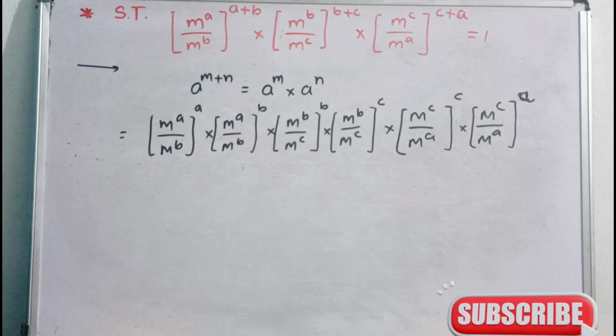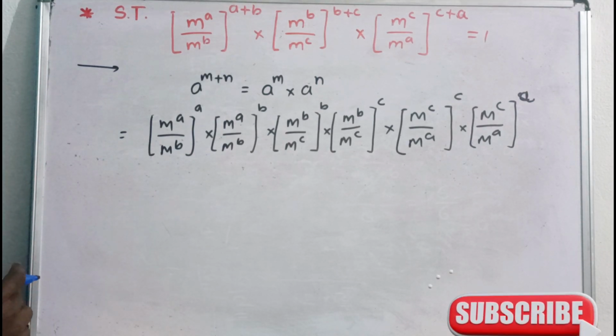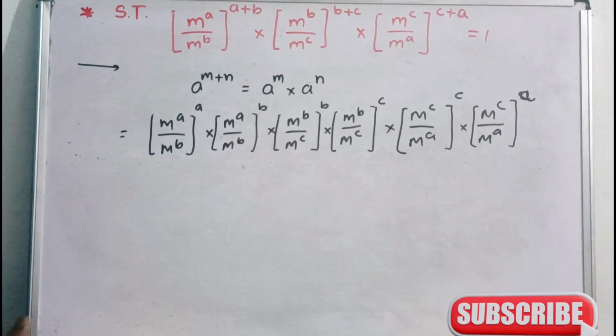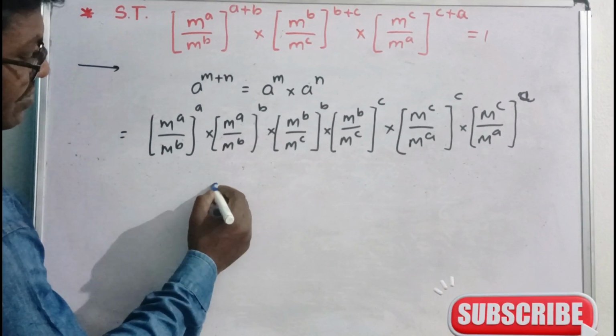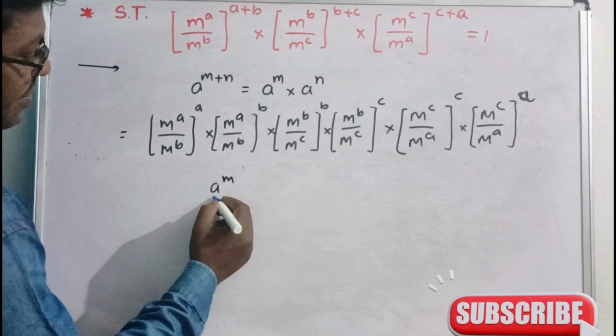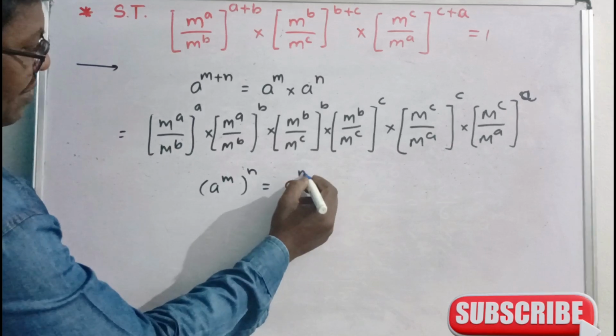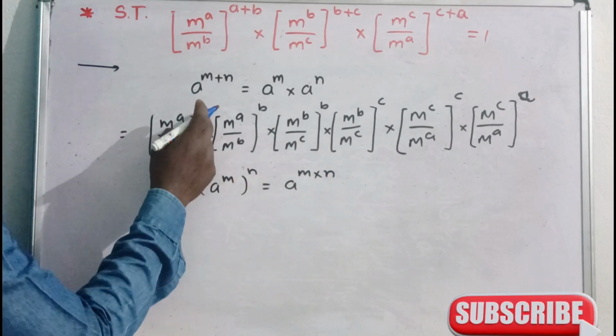Now again we have one property: a raised to the power m, whole raised to the power n, is nothing but a raised to the power m into n.